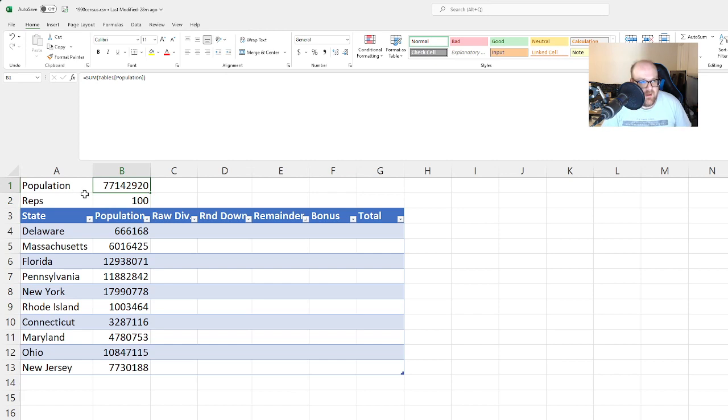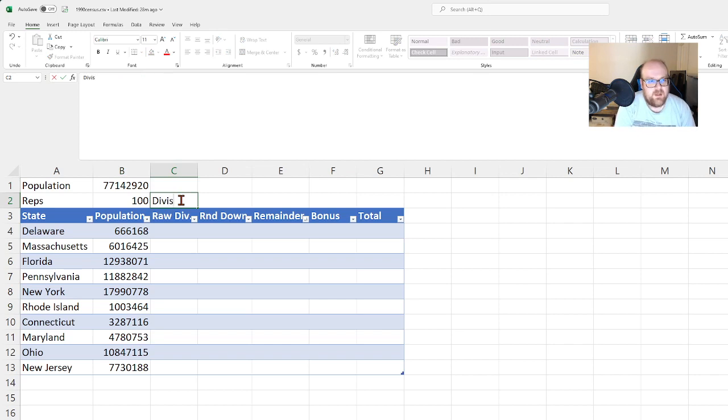So if I have 100 representatives that I want to allocate based on population, and I have 77 million in my population, what I'm going to do is find the divisor. The divisor is the average size of the population per representative, or it is going to be the population divided by the number of representatives allocated.